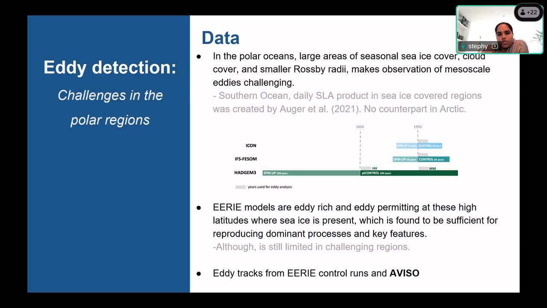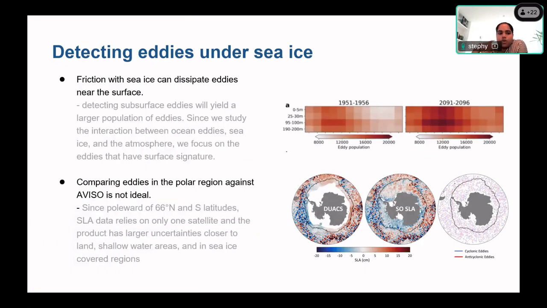And before I go into the results, I also want to acknowledge there are two key aspects that we overlook or accept as limitations. One is that in the polar regions, because of the sea ice, the friction dissipates a lot of surface propagating eddies. And so in the subsurface, you might have a much higher population of eddies.